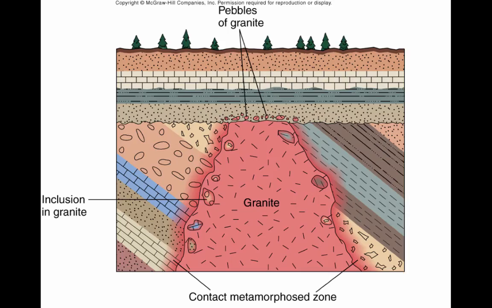When you see an illustration like this, they're showing you that that granite is a magma that pushed its way up through these sedimentary layers. Then it solidified. It looks like there was some erosion, and then more sedimentary layers were placed on top. This is an example of cross-cutting.